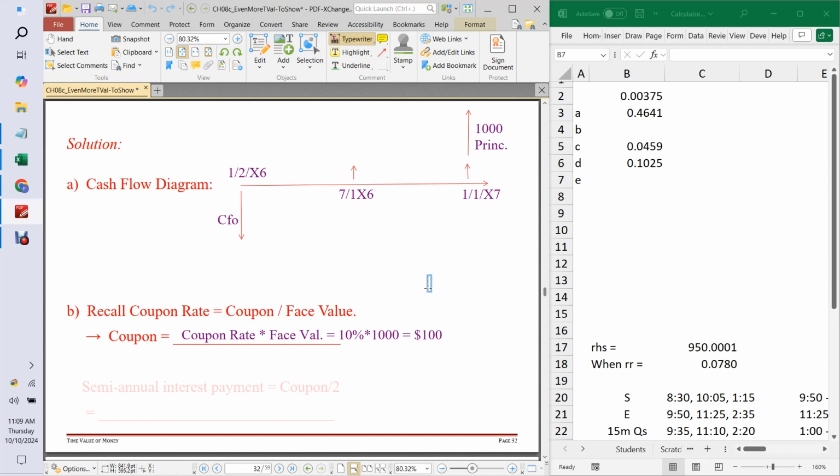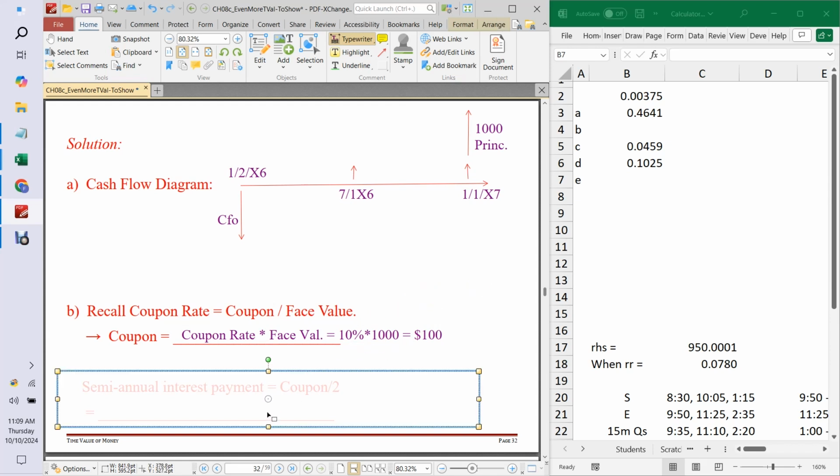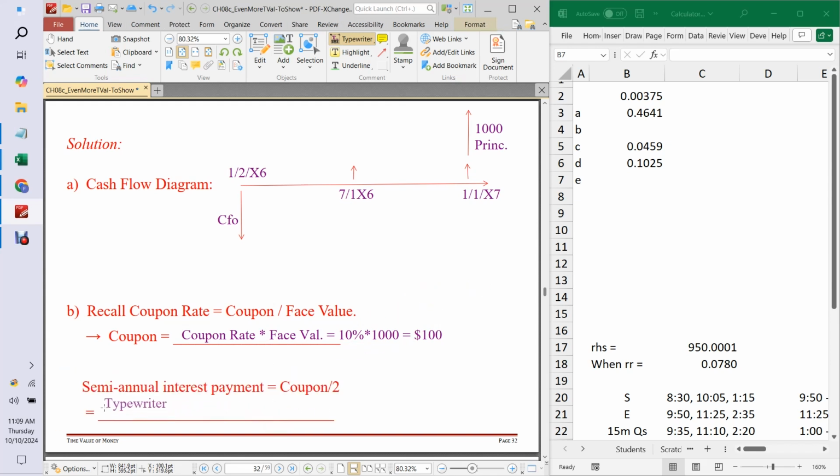So remember, half of it is paid every 6 months. So the semi-annual interest payment is the coupon over 2, that's 100 over 2, and that's equal to 50. So now I can go up here and say int equals 50, and let's put another 50 here.